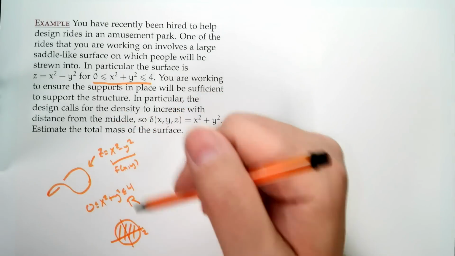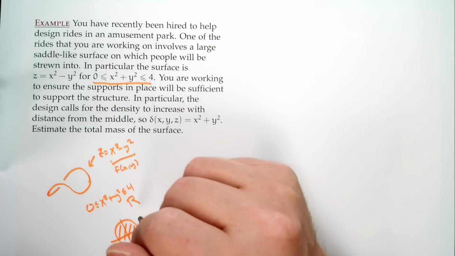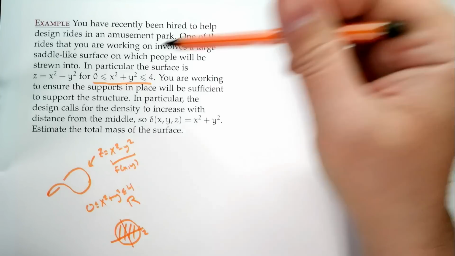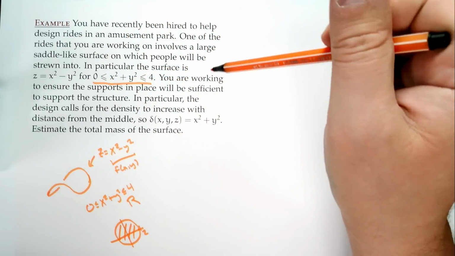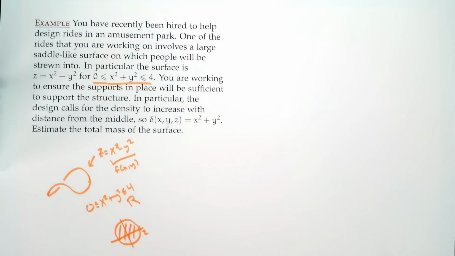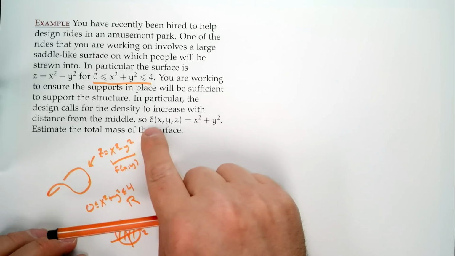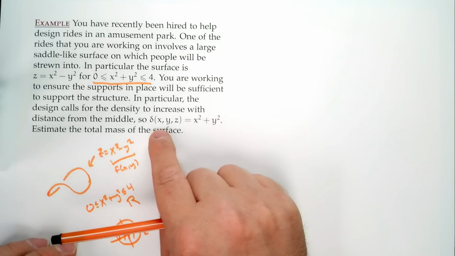So we have our surface, we have our region, our surface is over, and what's happening? Well, we want to make sure there's enough supports in place to support the structure, because if it's going to have people on it, we want to make sure it doesn't collapse. The design calls for the density to increase with distance from the middle.